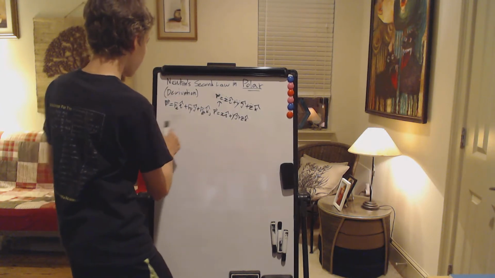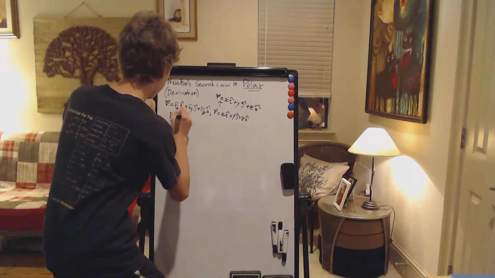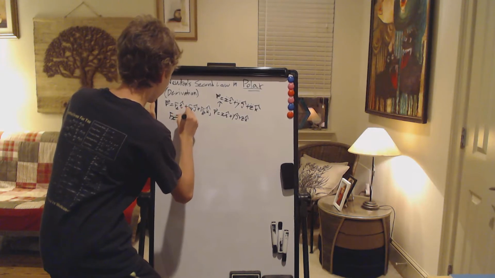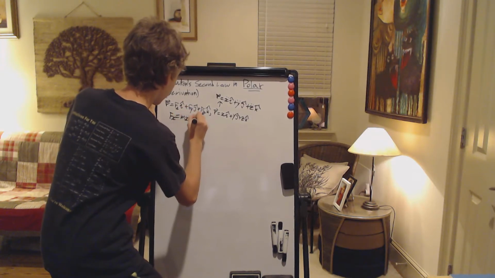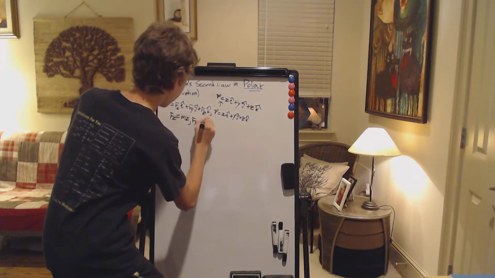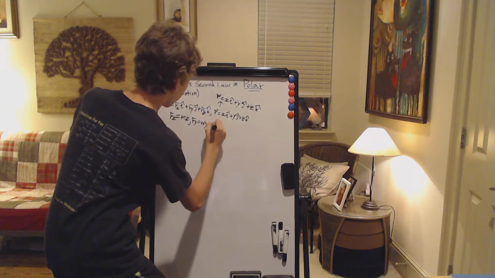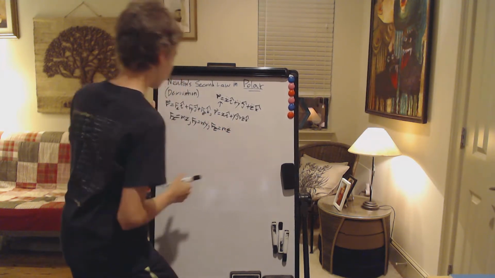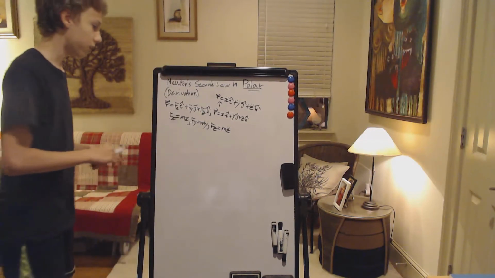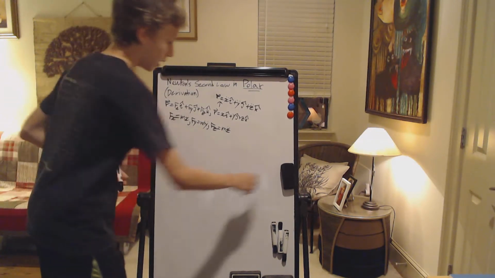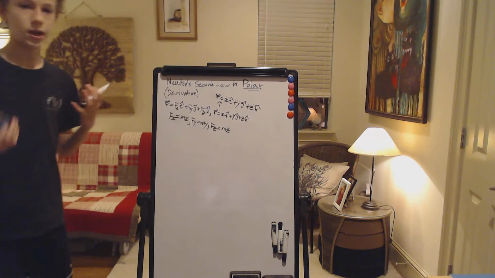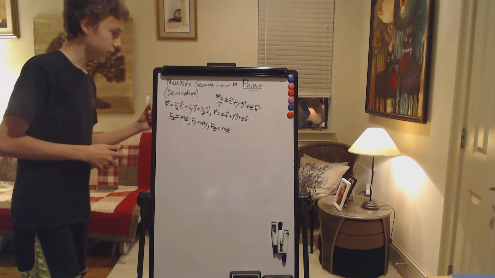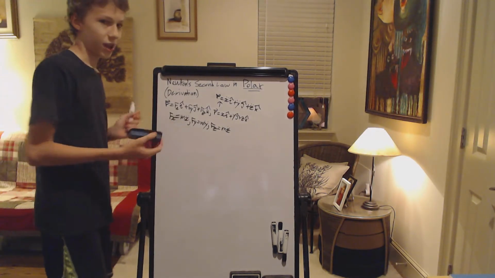So we essentially just get that f sub x is equal to m x double dot, f sub y equals m y double dot, and f sub z equals m z double dot. So that's exactly Newton's second law in rectangular. And as you can see, it's symmetrical and nice and simple, and that's why we like rectangular.